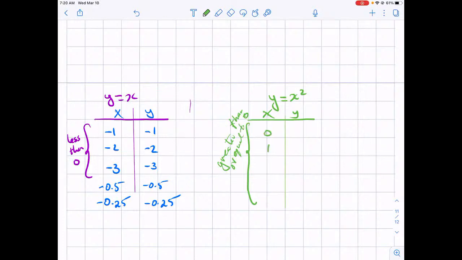So here we have 0, 1, 2, 3, 4, and so on. If I fill in those values, 0 squared is 0, 1, 4, 9, 16.